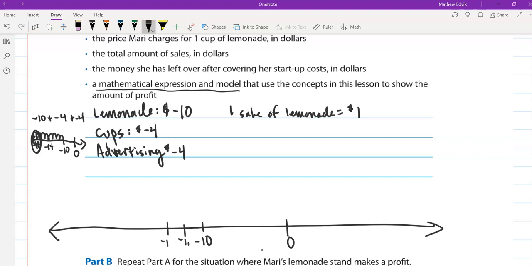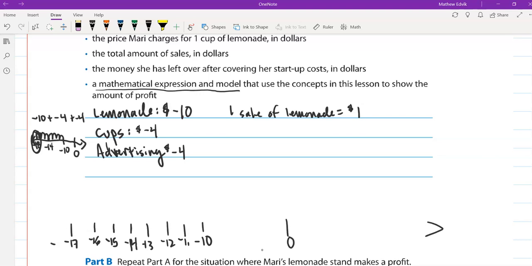Negative 11, negative 12, negative 13, negative 14, negative 15, negative 16, negative 17, and I got to get to negative 18, and I'll redraw my line from here.